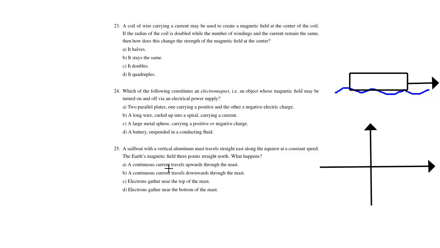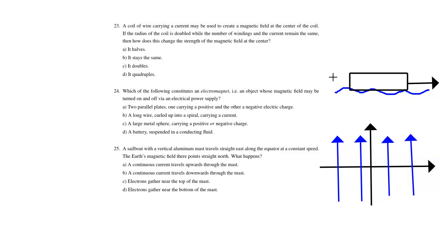So it travels through the Earth's magnetic field. Now, we've got to know which way the field points. If we are at the equator, the magnetic field is essentially parallel to the ground. Again, this is something to know because you understand the Earth's magnetic field, which is like a big bar magnet. If I look at it like this, with north up, east there, then the magnetic field would just be like this.